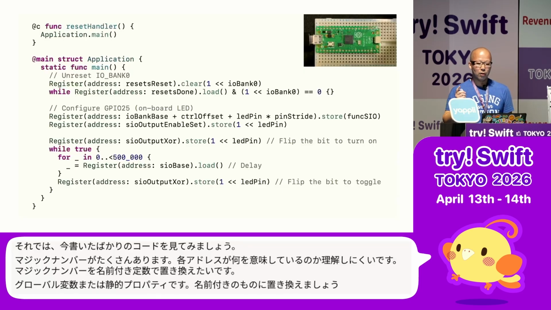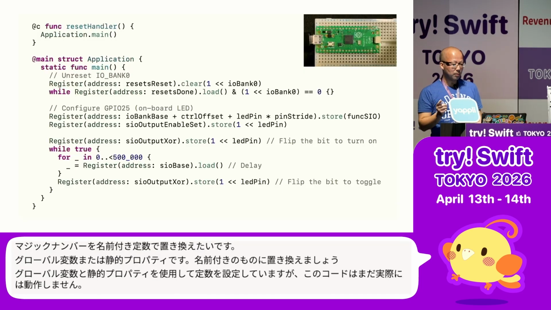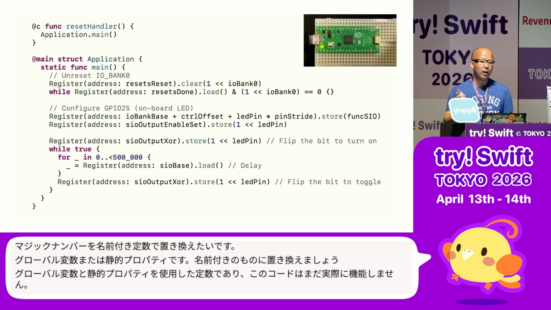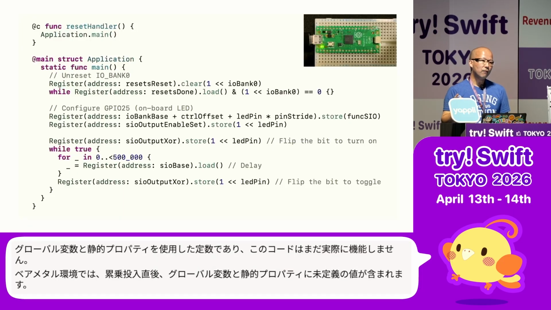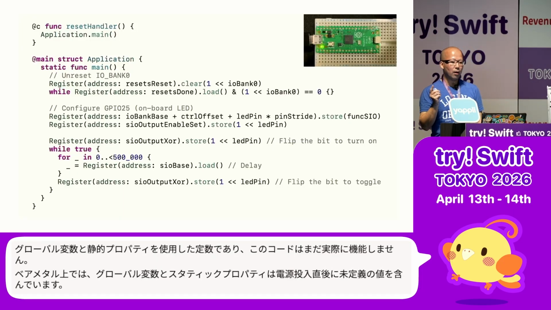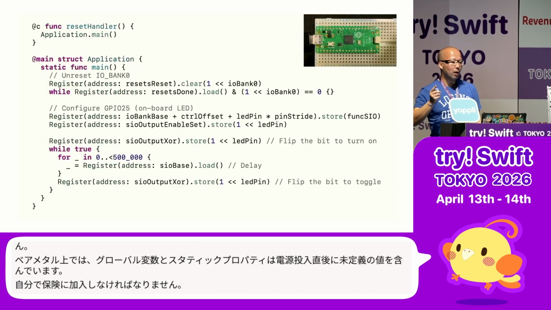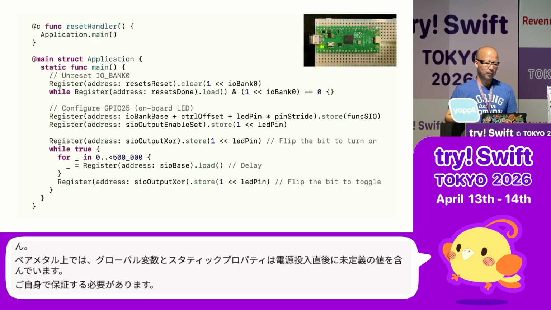And this code won't actually work yet. On bare metal, global variables and static properties contain undefined values right after power on. You have to initialize them yourself. Before calling the main function, you need to properly initialize the memory sections.